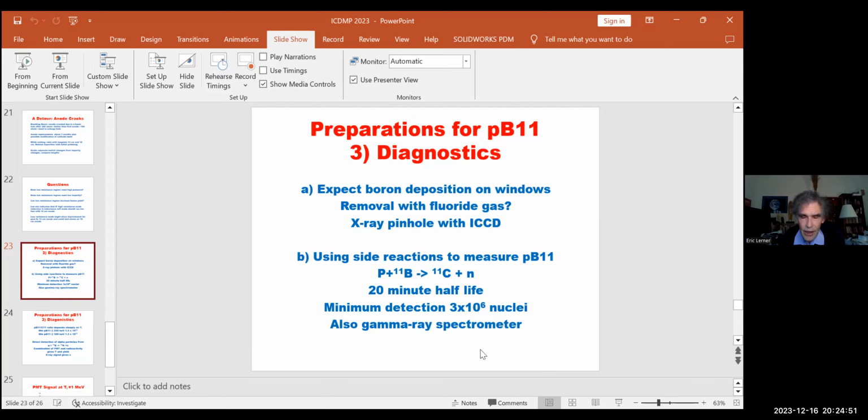Now with our existing gamma ray detectors, we should be able to detect as few as 3 times 10 to the 6 nuclei. But we're also acquiring a gamma ray spectrometer, which should have a higher sensitivity.